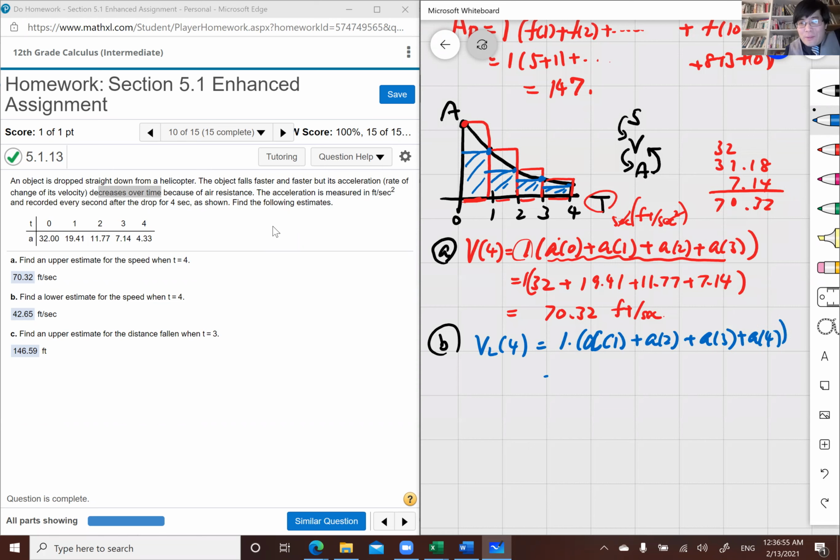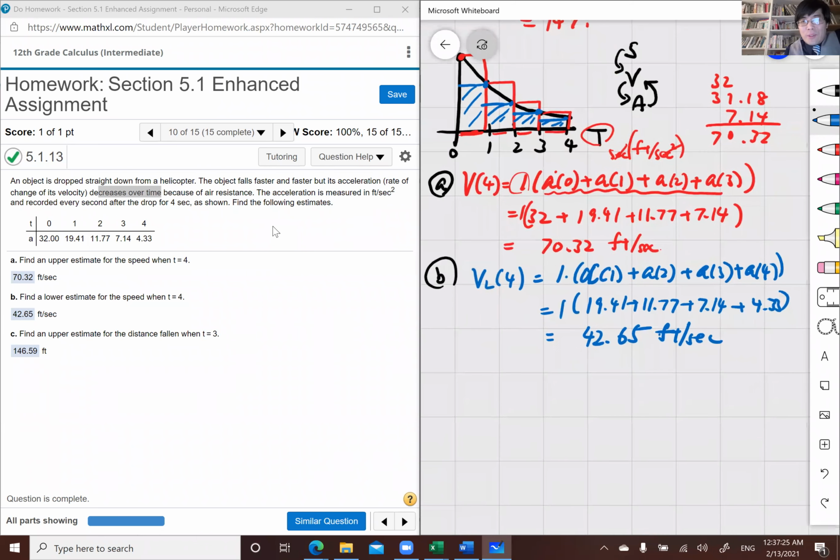So instead of 32 here, you start with 19.41 plus 11.77 plus 7.14 plus 4.33. You want to subtract 32 and add 4.33, so it's going to be 42.65 feet per second. So the true velocity at time 4 seconds is somewhere between 42 and 70.